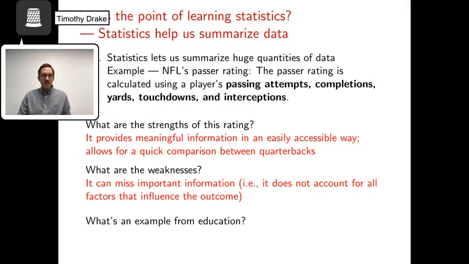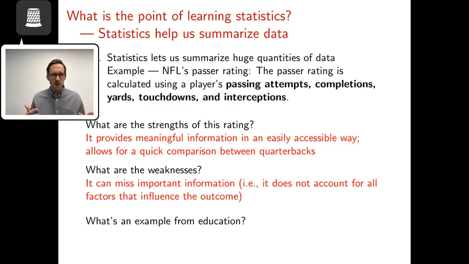Well, the strength is it provides meaningful information in an easily accessible way, and it allows for a quick comparison between quarterbacks. So we can know across any games on any given weekend how well quarterbacks did based on this QBR. But of course, it doesn't account for all the information, and it can miss important information, other factors that influence the outcome.